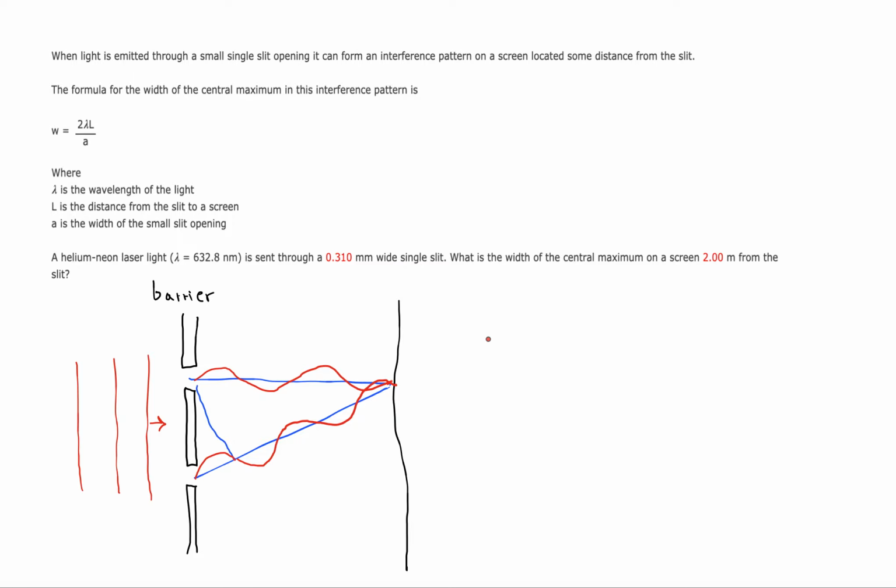Then we said they would be 180 degrees out of phase, and you could get what's called a dark fringe. At that point, the waves would cancel out. So you might think, how could this possibly work with just a single slit? Okay, let's analyze that.